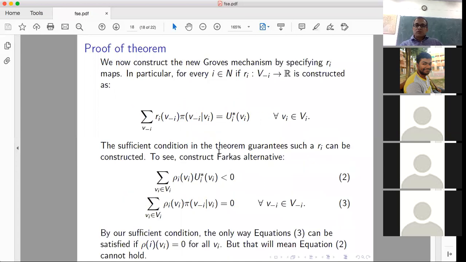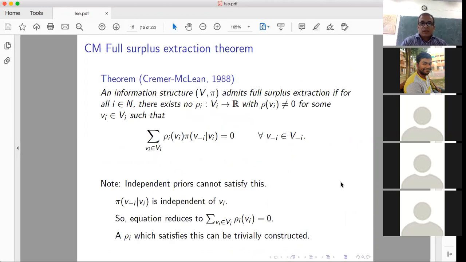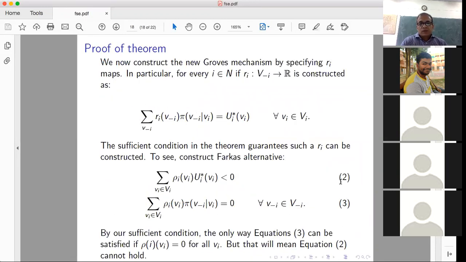So the only way 3 can be satisfied is if all the rho i's are equal to 0. But if all the rho i's are equal to 0, then the left-hand side of 2 is equal to 0. So 2 cannot be satisfied. So 2 and 3 can never simultaneously hold if the sufficient condition of the theorem is satisfied. That means that the Farkas alternative has no solution, so there is a solution to this.